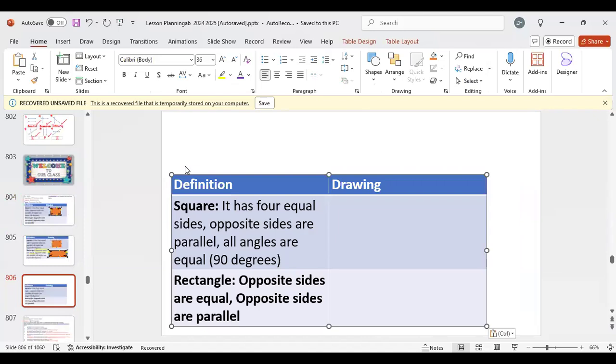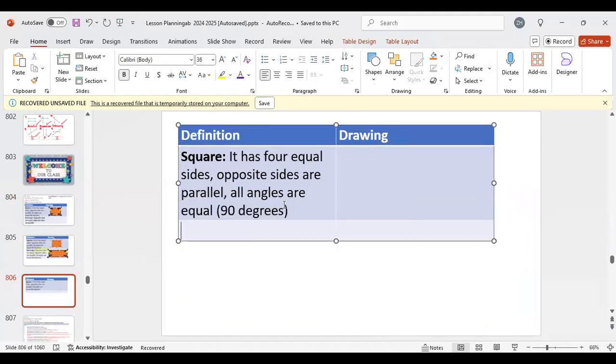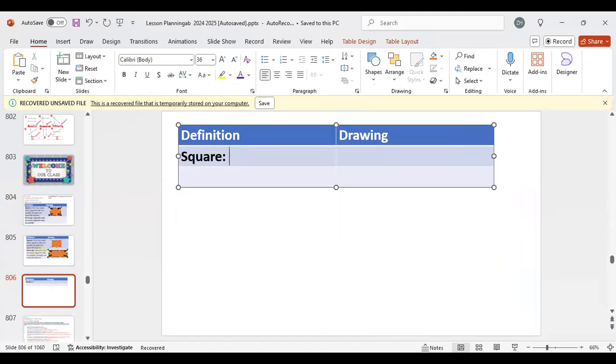Do you all know what a parallelogram is? Let's just talk about the parallelogram. I think the name gives it away. Parallelogram, what does that mean? Parallel, right? So what do you think is going to be?